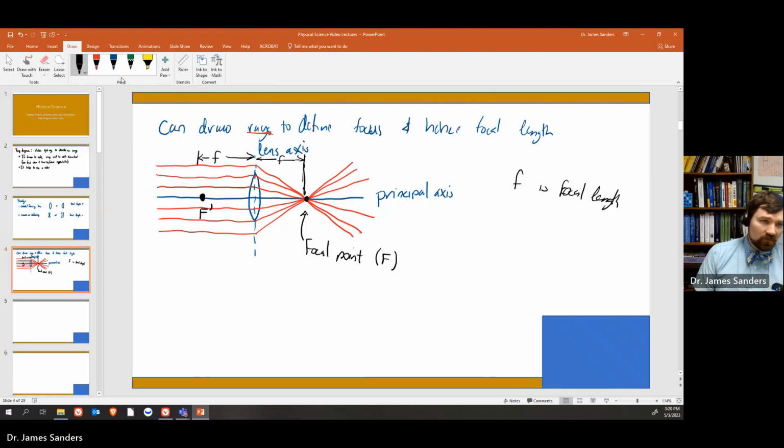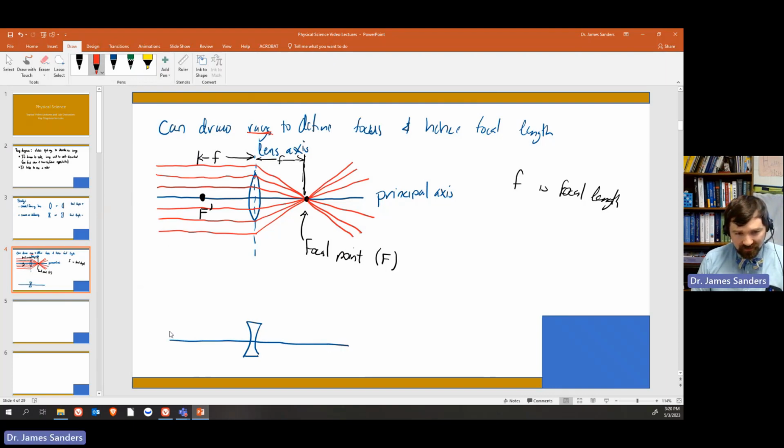We could likewise do this for the other kind, the defocusing lens. Here again is my principal axis. And basically you would draw your rays.